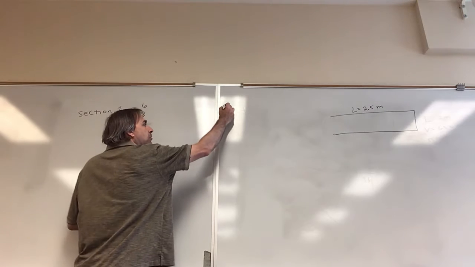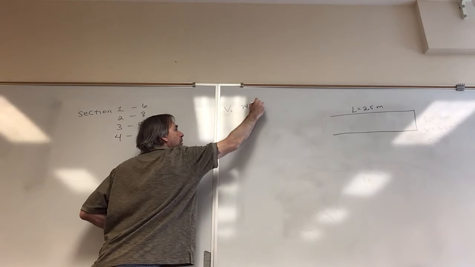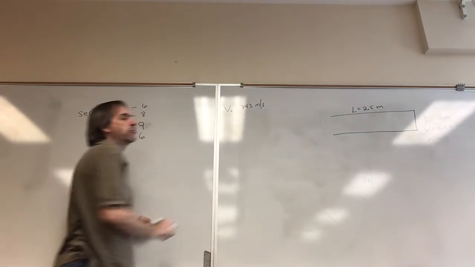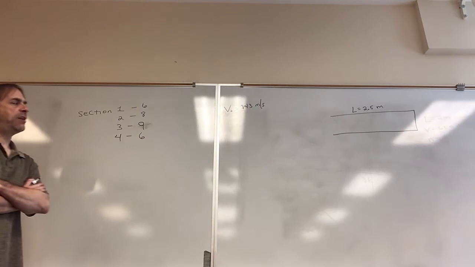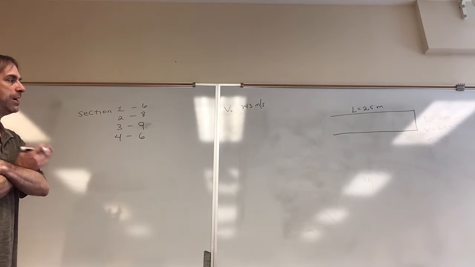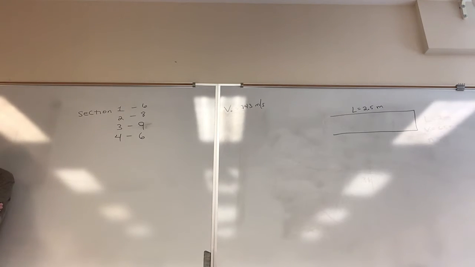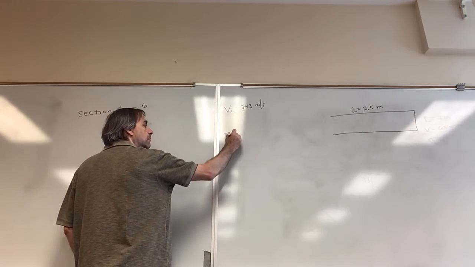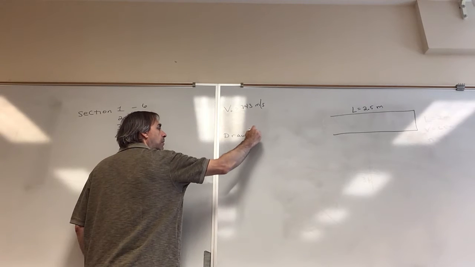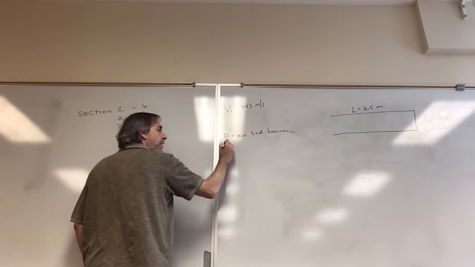Now, the speed of sound, we'll just use the standard 343 meters per second. So, what do I do here? Yeah, let's draw the third harmonic and find its frequency.